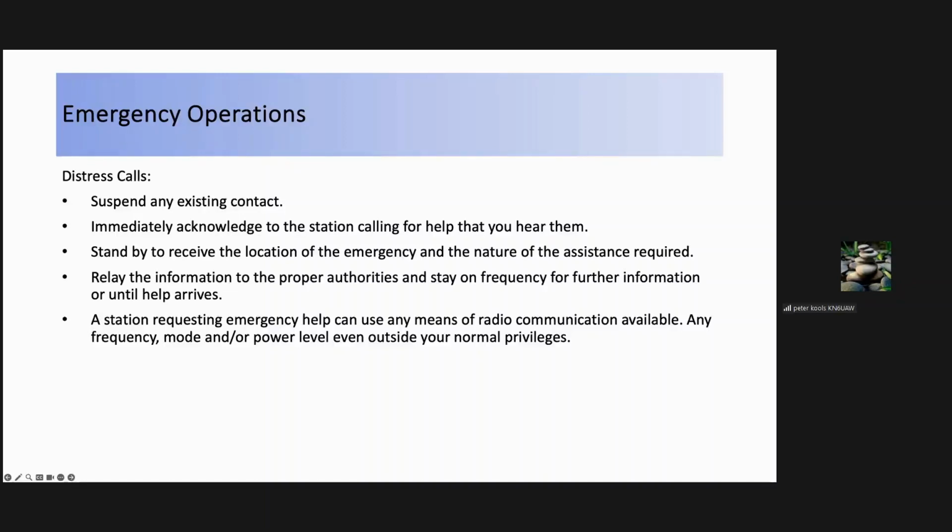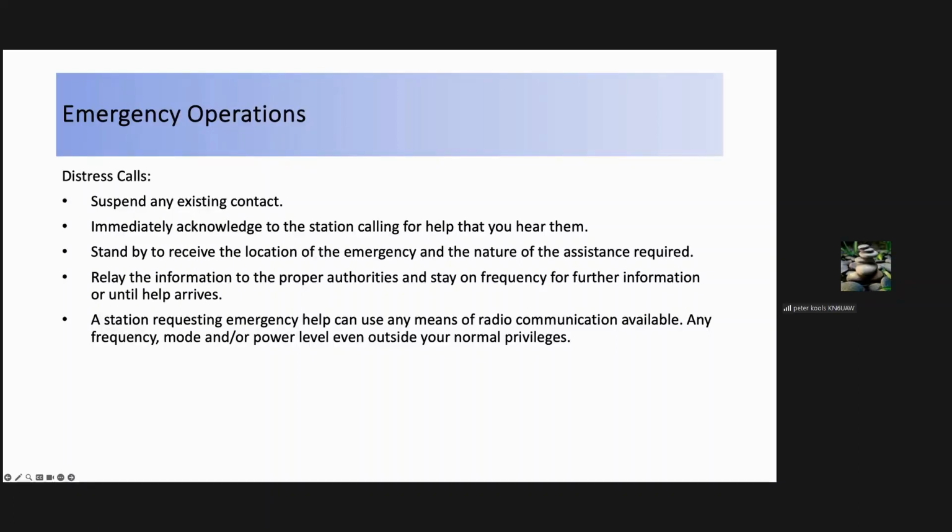In that case, if you get an emergency like this, then you can generally switch to a net that would be operating in that emergency and relay information through that net with the idea of getting it to someone on the net who actually still has cell phone coverage or telephone coverage of some kind or internet coverage of some kind. But then you've got to go back to the person who's calling you with the emergency and stay there until you can get further information from them if there's more information coming or until help arrives.